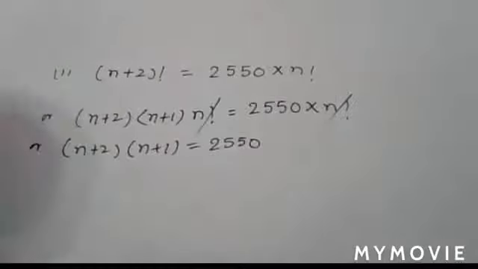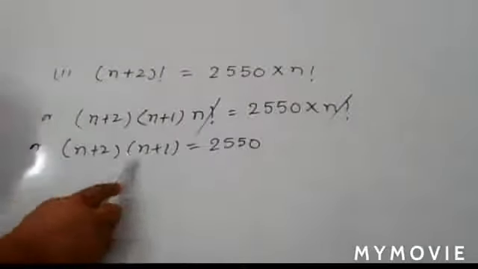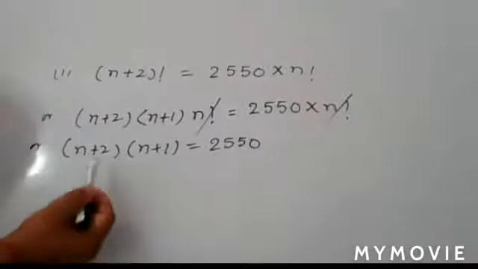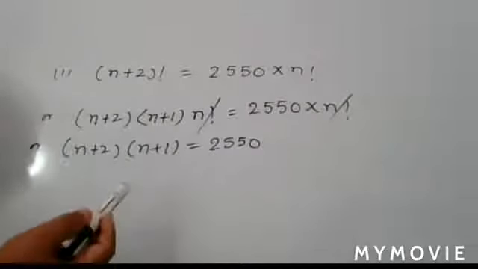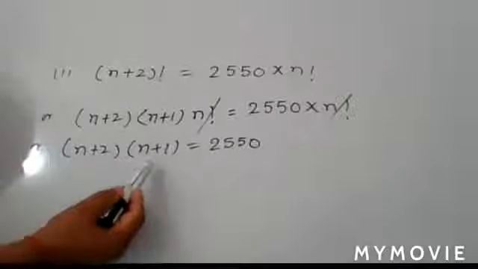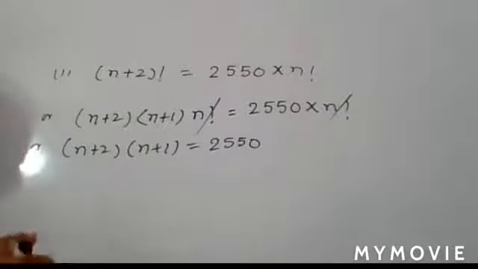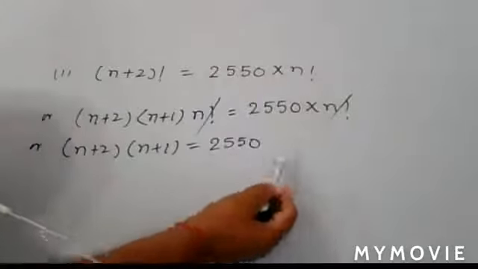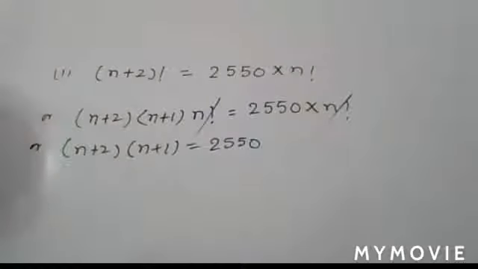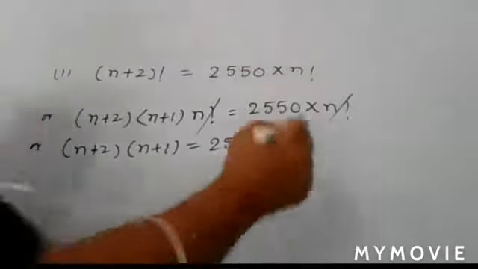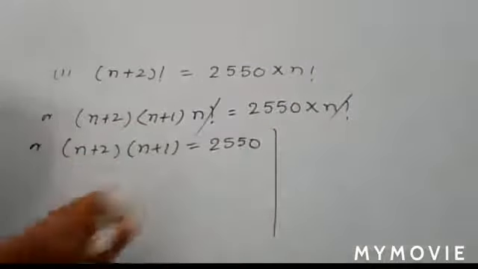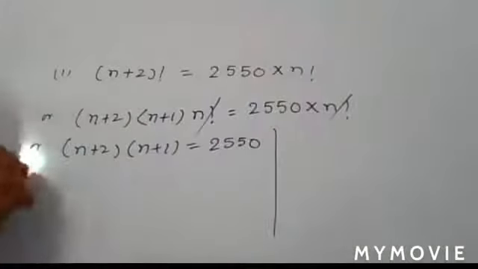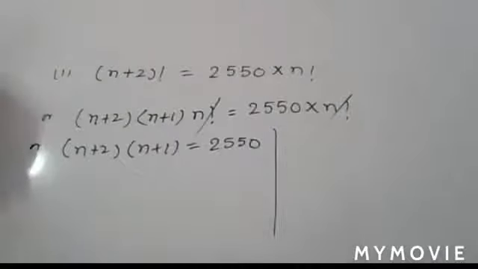So what you do, just see that the difference between the first factor and the second factor is only 1. Here you have n+2, here you have n+1. So you factorize 2550 in such a way. There is no need to multiply all those numbers and form a quadratic equation to get the value of n.